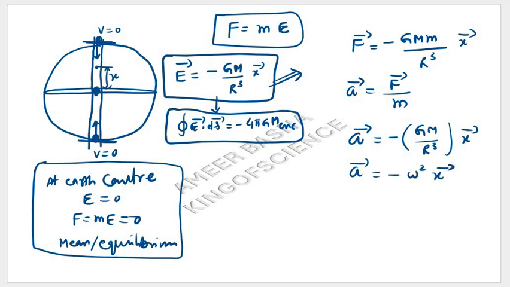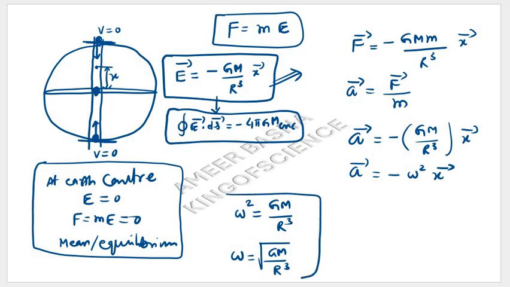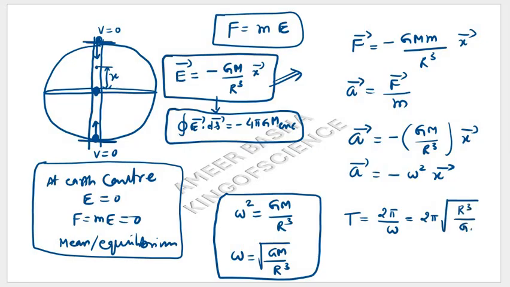Clearly omega square is equal to GM divided by R cube, so omega is the square root of GM divided by R cube. Once I know the omega value, the time period is simple. Time period is equal to 2 pi by omega, so 2 pi times the square root of R cube divided by GM.